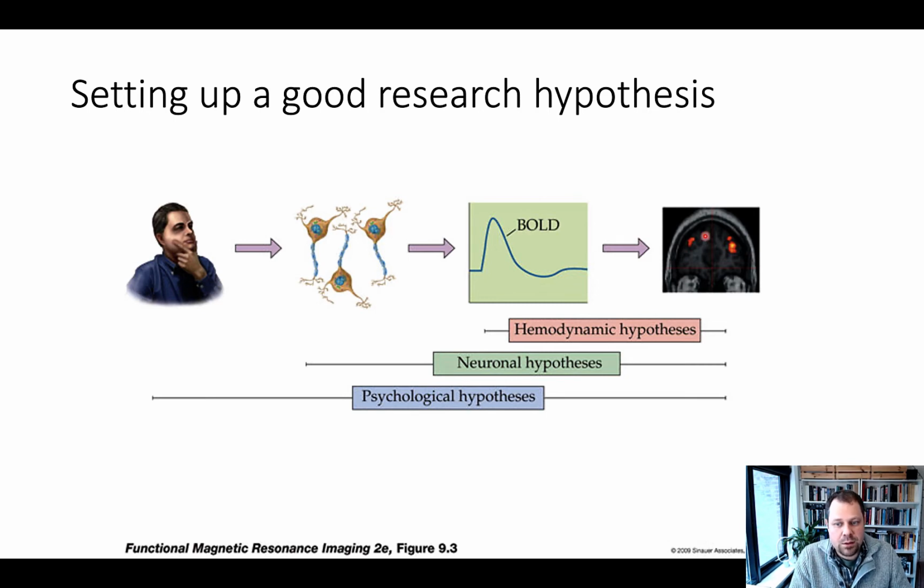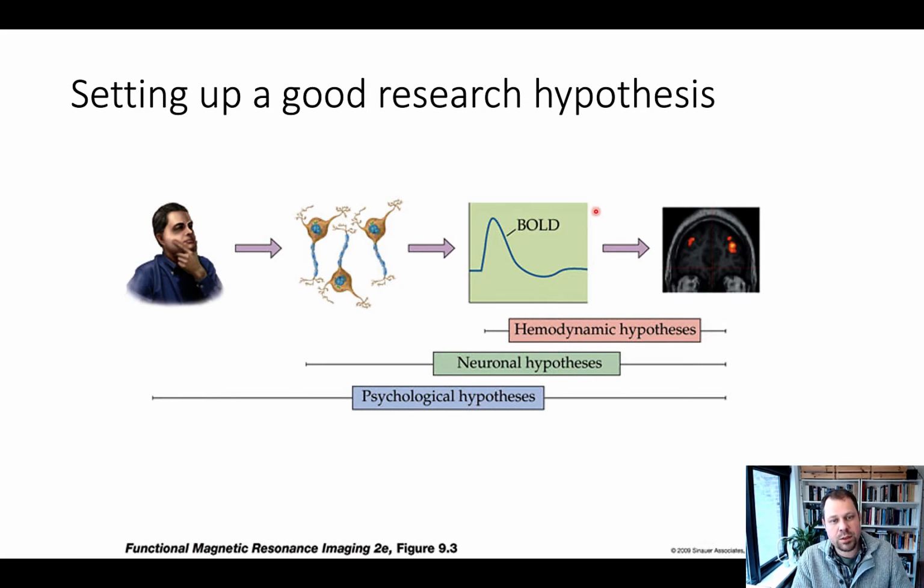So one psychological hypothesis could be that trust involves estimating the likelihood of being betrayed by another person. And this is commonly computed in social cognition regions, such as temporoparietal junction or DMPFC. Now that's a very long one, but that could be one possible one in the field of neuroeconomics.